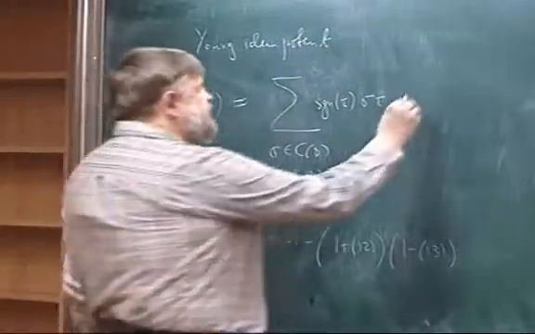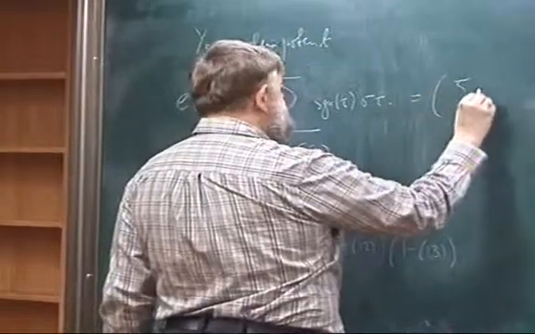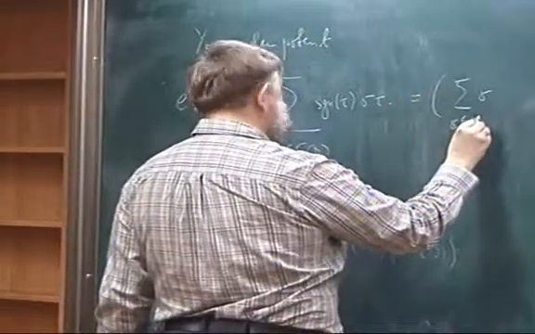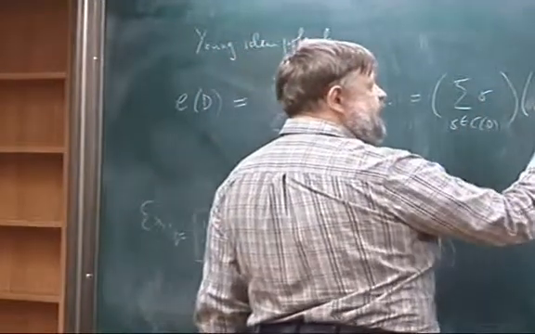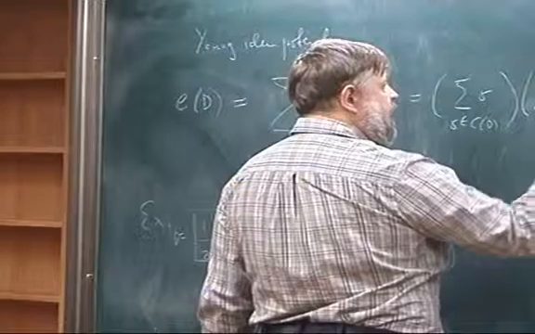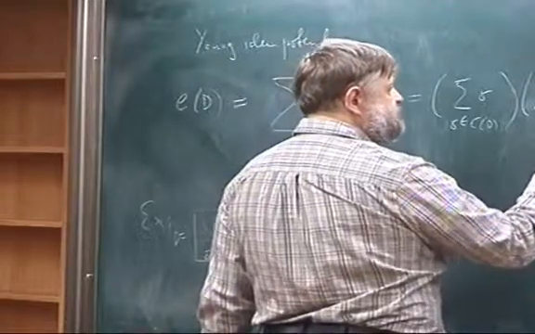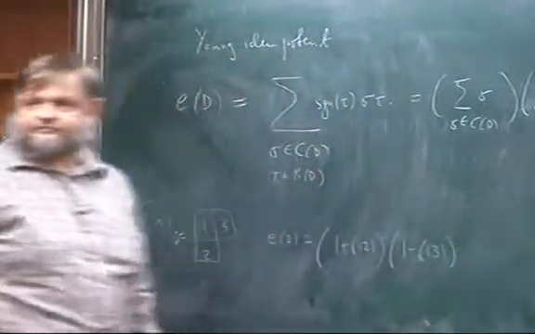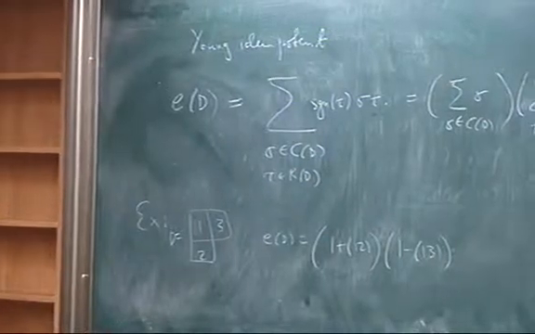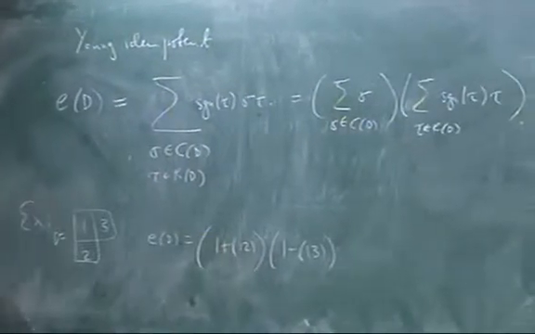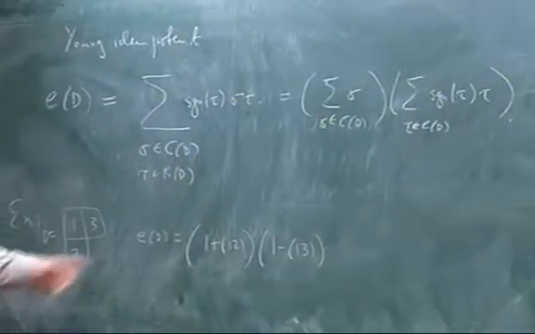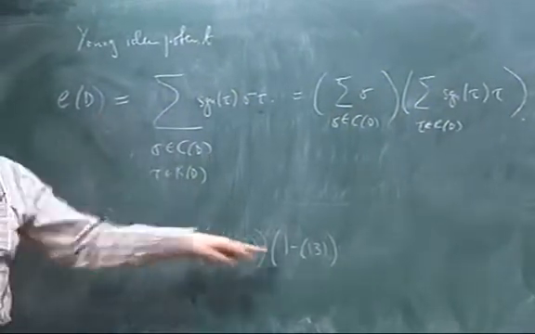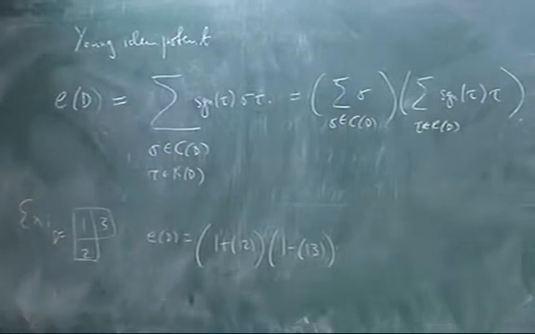Yeah, basically I could write it as summation sigma in C of D, summation sign tau in R of D. Right? The same thing, so that's what I did here. So that's an element in the group ring of this permutation group, S_3.